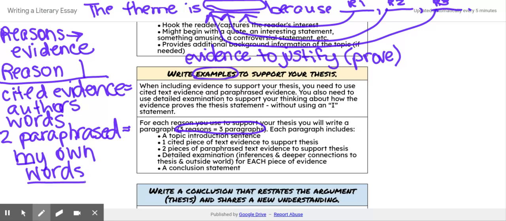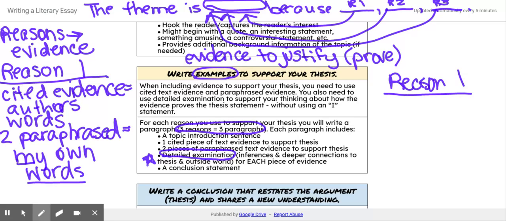Now, for each one of these reasons, each one of these pieces of evidence to support my reason, I need detailed examination. So within my reason 1, I have my evidence. Each piece of evidence needs detailed examination. And this can happen in many ways. It can be an inference, a deeper connection to our thesis or outside world.